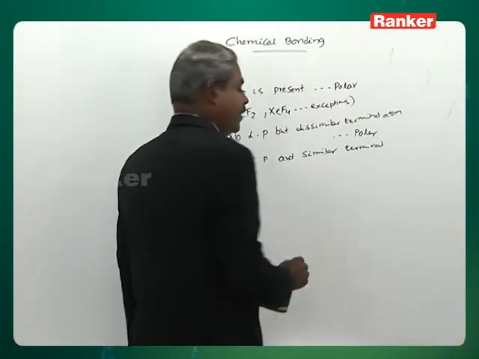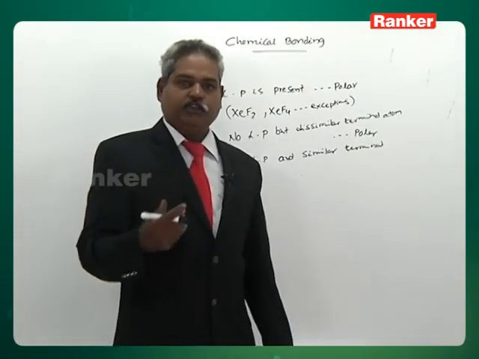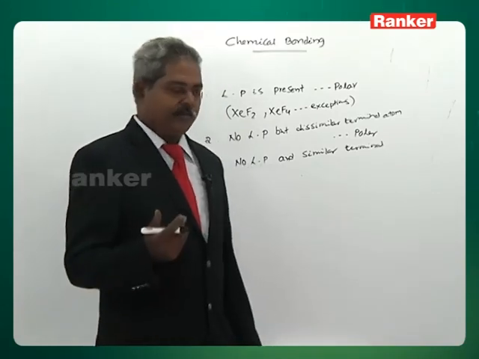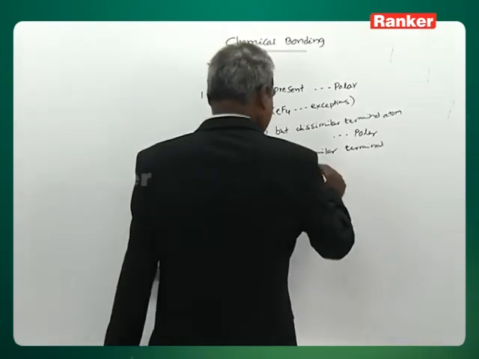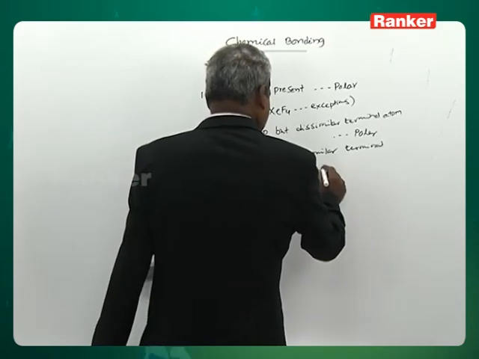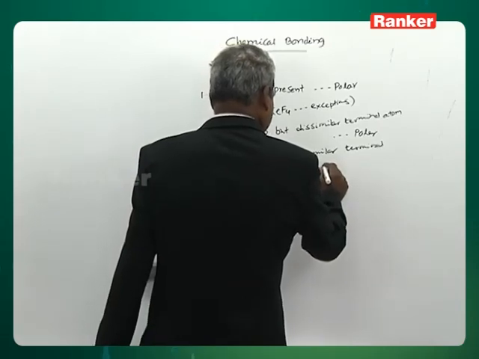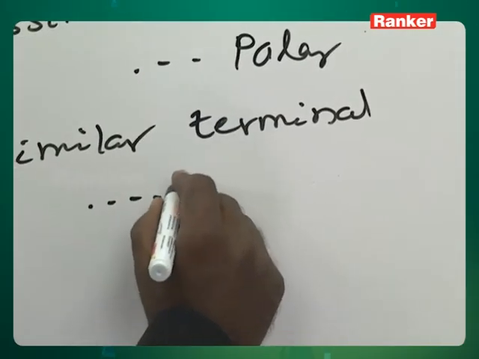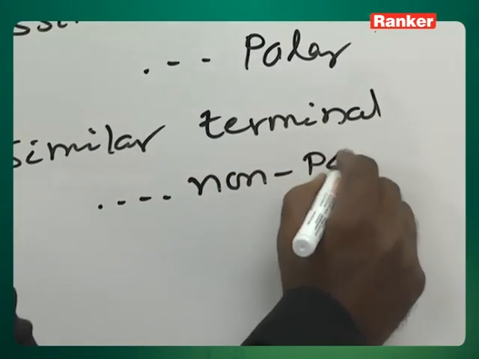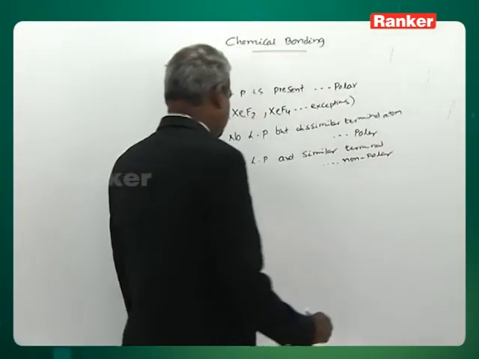All atoms are similar. Cl2, both chlorines are similar. P4, all of them are similar. No lone pair and similar terminal atoms, then this is non-polar.